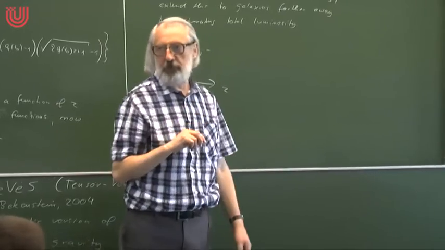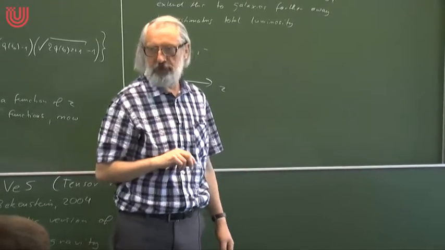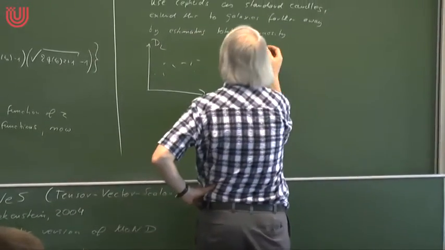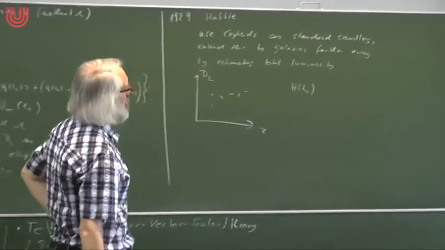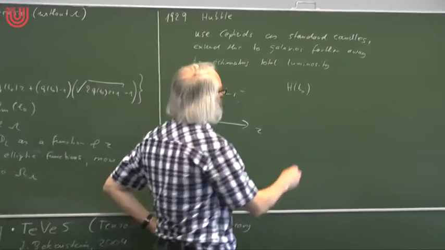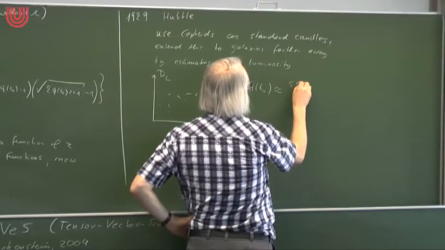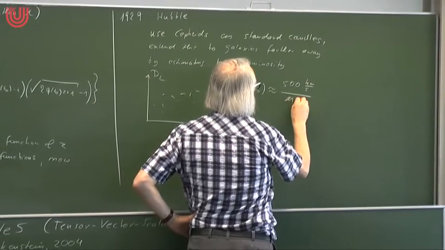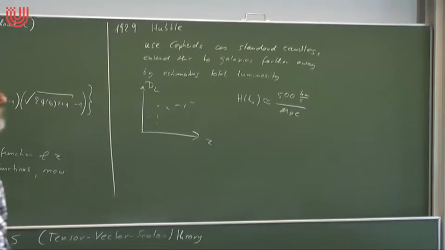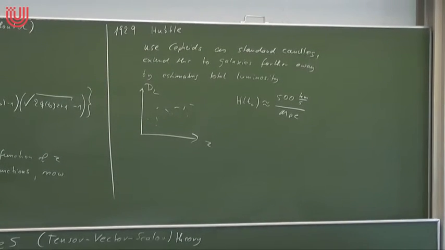He called it the K factor, capital K. That was his notation. Nowadays we denote it H of t naught, or just H naught. And he came to the conclusion that this would be something like 500 kilometers per second per megaparsec.